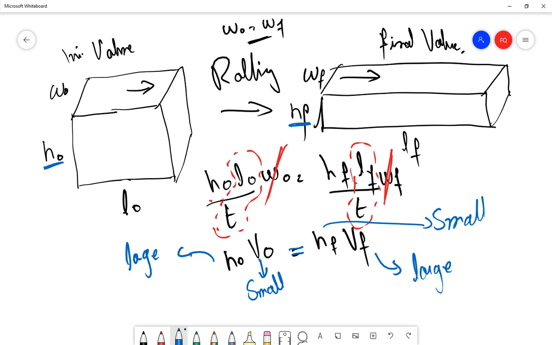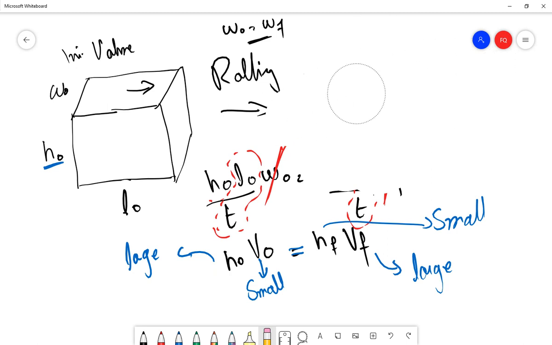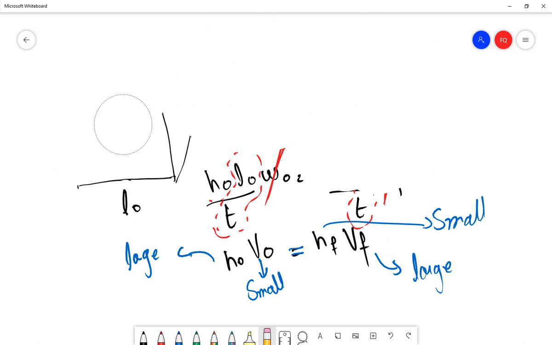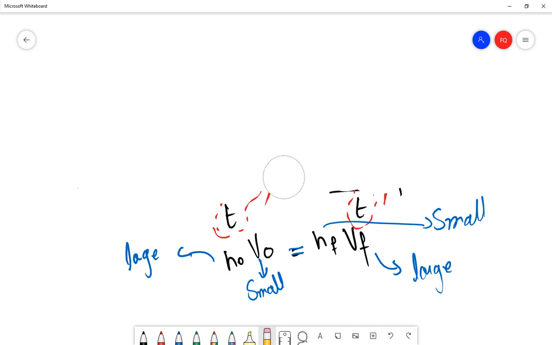Okay. And when we are building a rolling process, so let me clear everything up on the top. Okay, so when we are making our rolling process, I will only make half of it, so it is easier to understand.